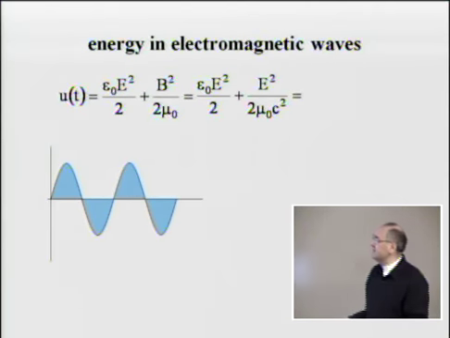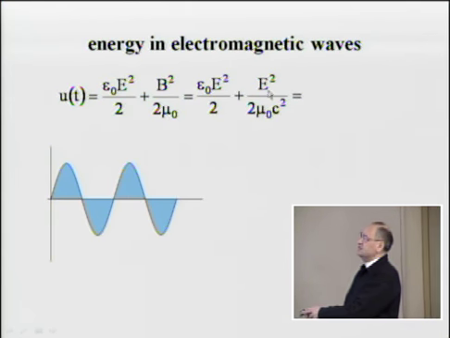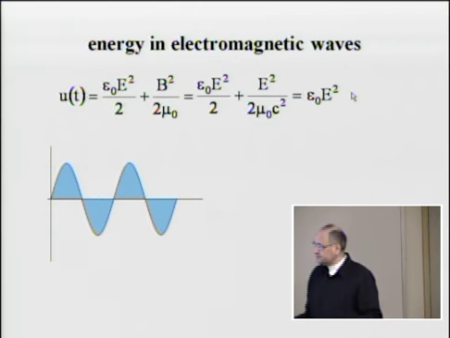So instead of the magnetic field vector, I put the electric field vector divided by the speed of light. And if I simplify it, I get that energy density at a particular location is equal to permittivity of free space multiplied by the square of the electric field vector. In other words, the square of the electric field strength.